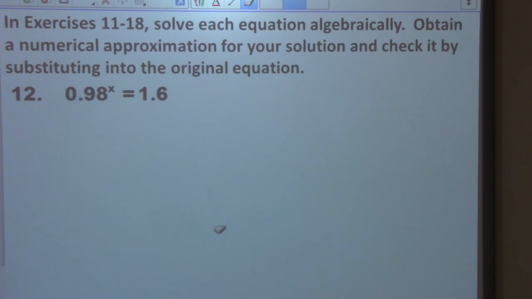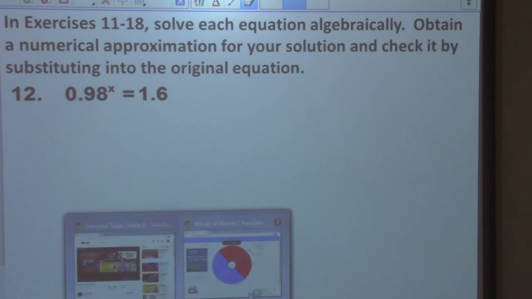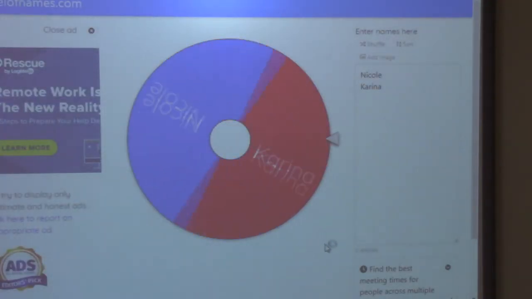Okay, next one here, I'm going to choose one of our remaining victims, who are Nicole and Karina. So it's Nicole. Which one are we doing?